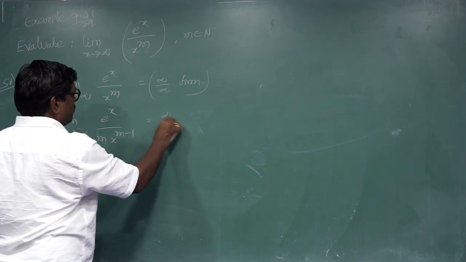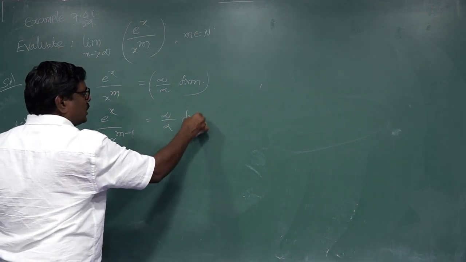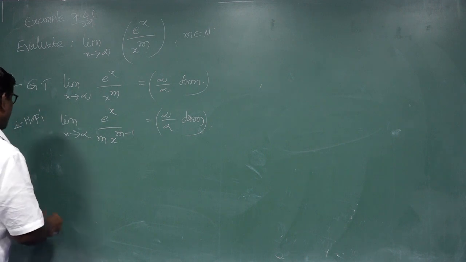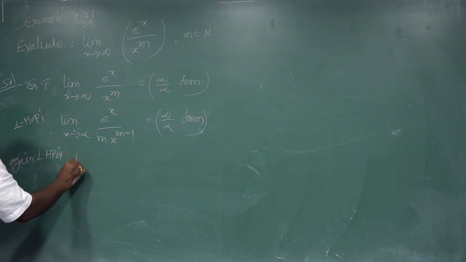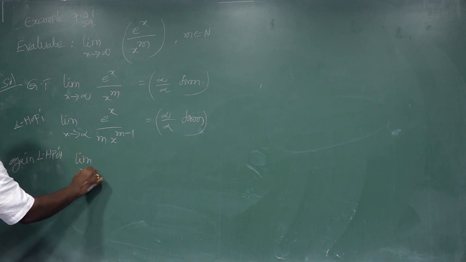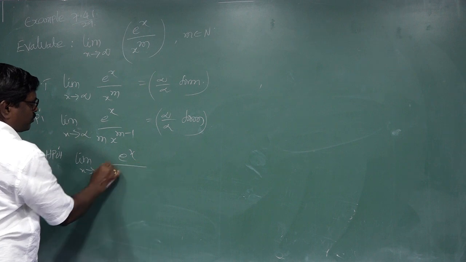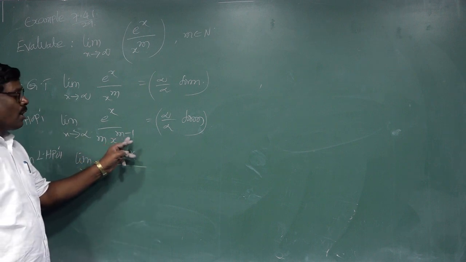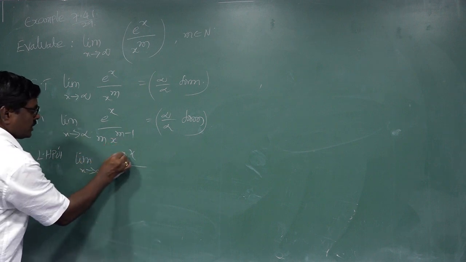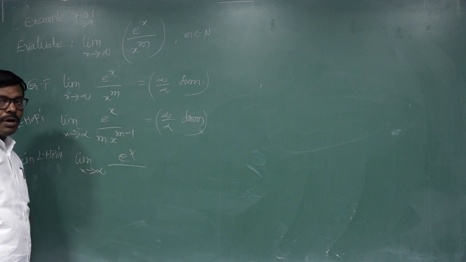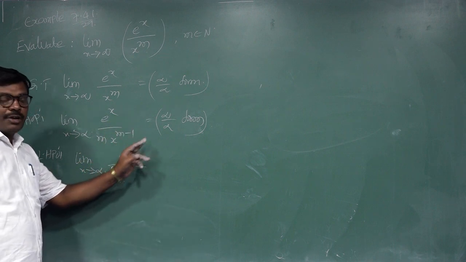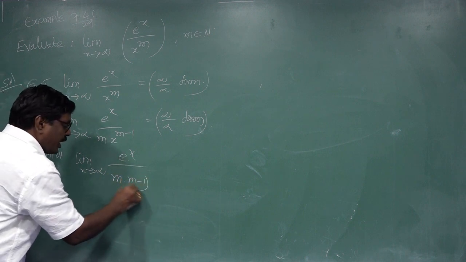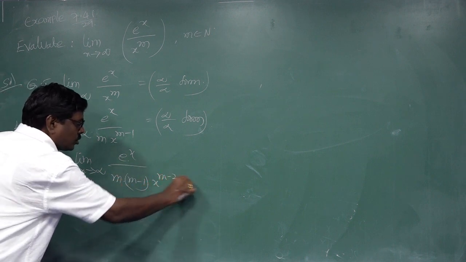Again this is the infinite by infinite form, so again the L'Hospital rule. The derivative of e power x is e power x, and the derivative of m into x power m minus 1 is m into m minus 1 into x power m minus 2.